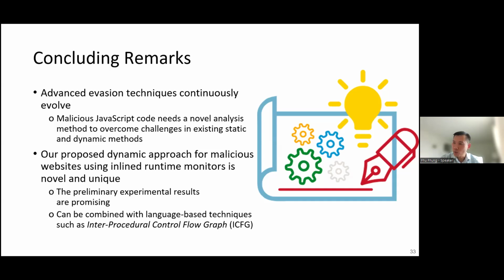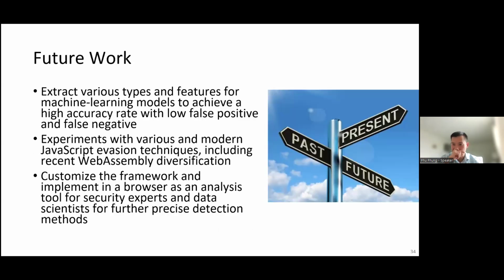Since we come back to this one, I want to have a last slide about the future work that I think also covers the question that we discussed before about language models, right?